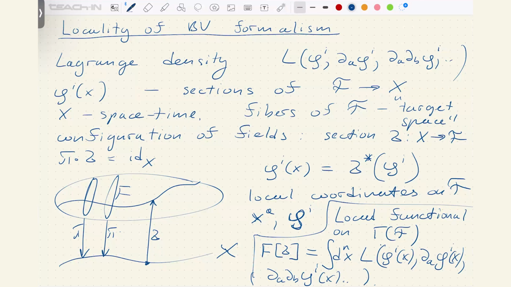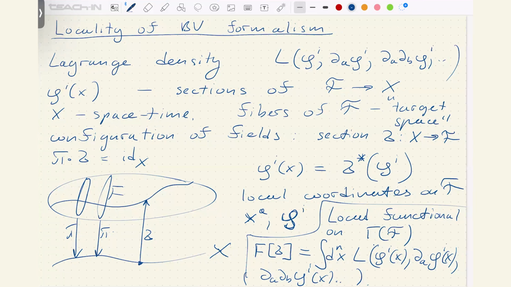You need to specify everything, and that's what we can't usually do. So we need some technique to work with local functionals, because, as I promised, they're precisely the ones which are of interest in usual field theory.